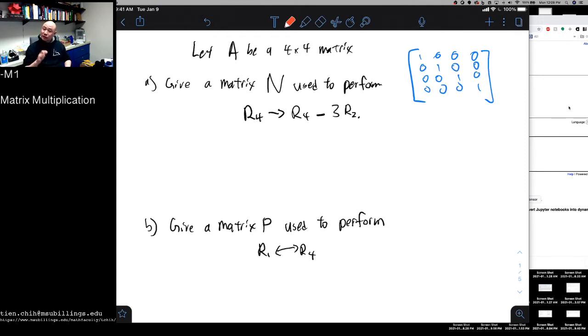And so the first thing we want to note is that in this matrix, the first, second, and third rows of A will not be changed with this operation, right? And so since the identity matrix is the matrix which doesn't change things when we take its product, we want to use that to tell us what the first three rows are going to be.